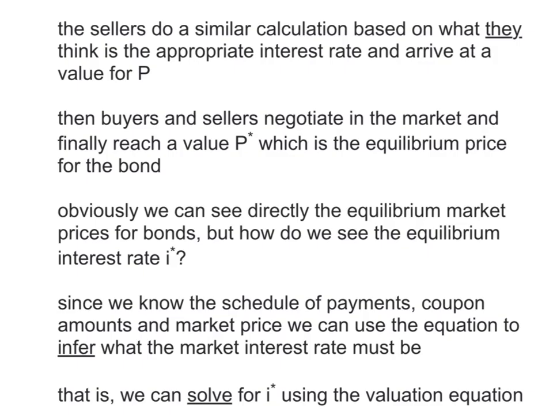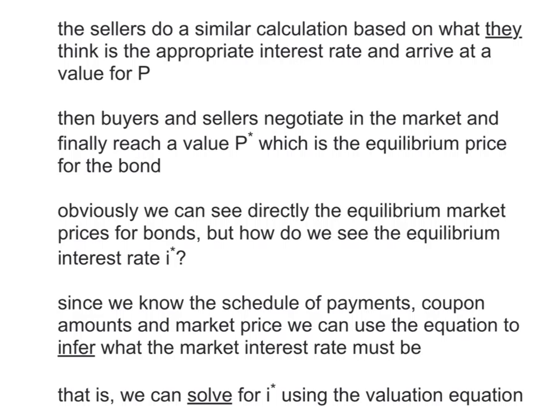They arrive at an estimate of the value for the bond, the price it should be traded at. Except for a seller, their estimated price or value for a bond is a floor. They will always accept a price higher than that, but a seller will never accept a price lower than what they think is the true value.